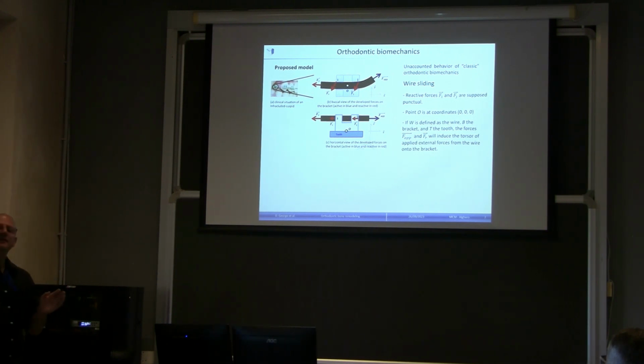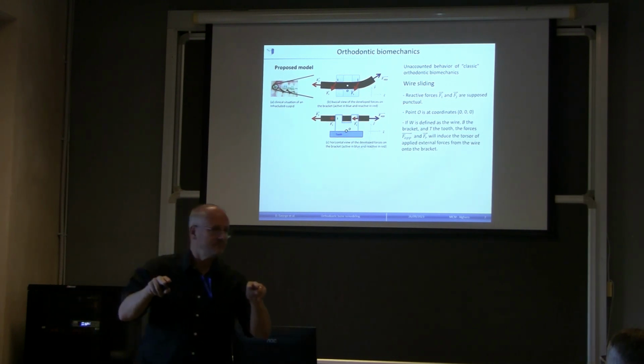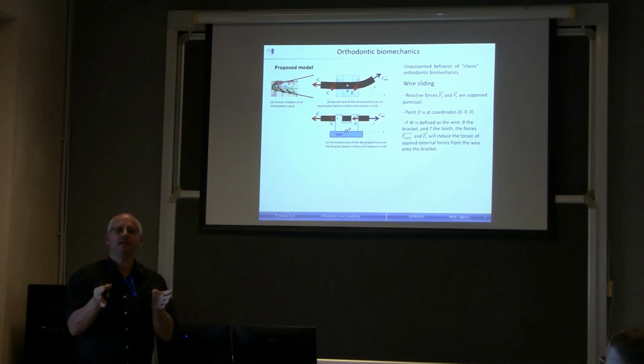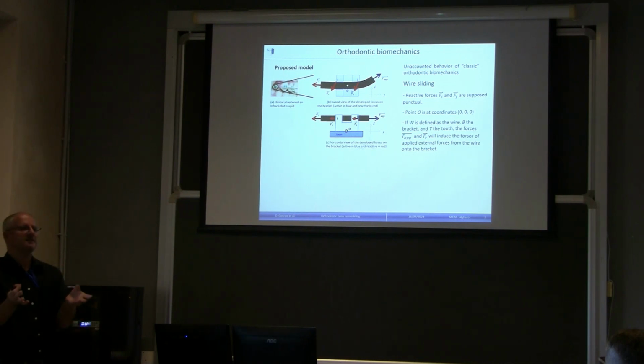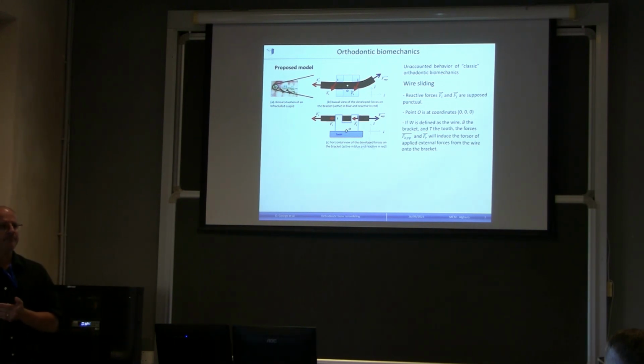As long as the force that we apply is small, we have a static equilibrium, and we can write this static equilibrium over three teeth. When you increase the force, you increase the displacement of the central tooth, and the wire will slide on the two sides because you pull more in the central part.